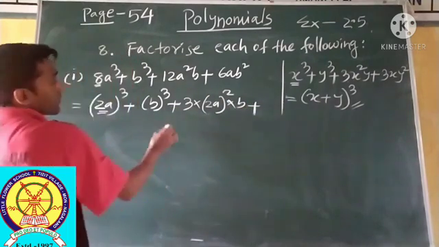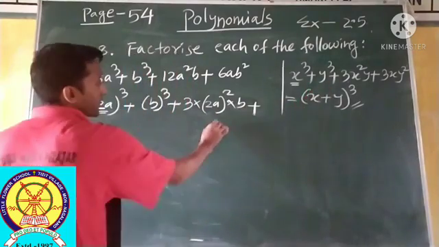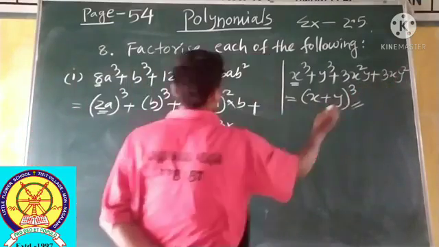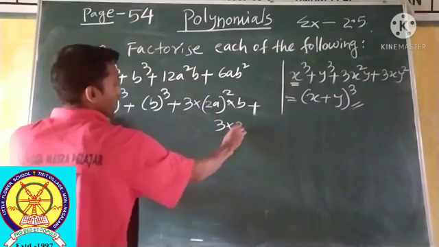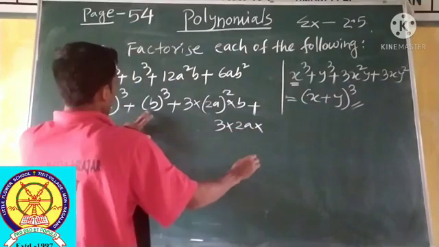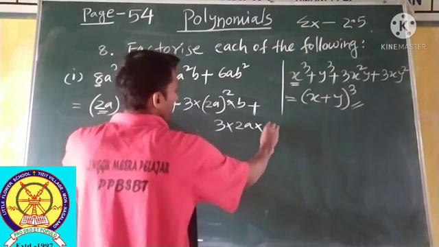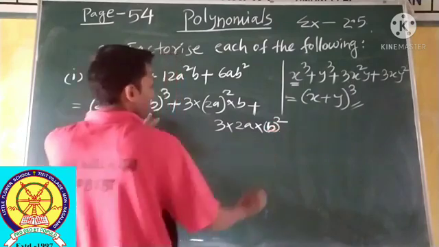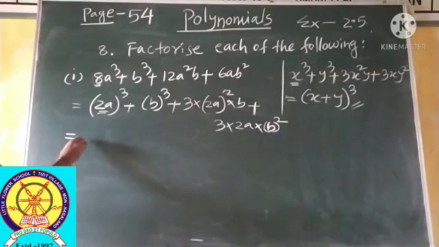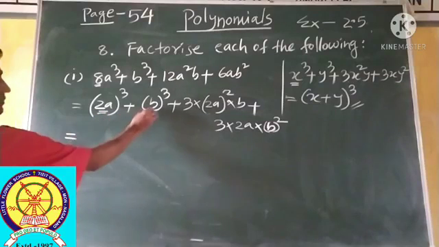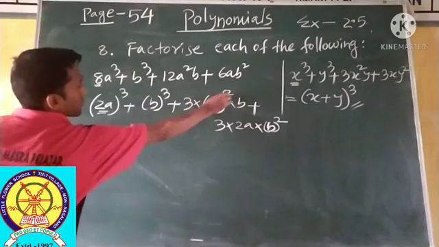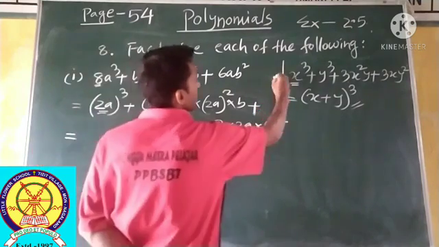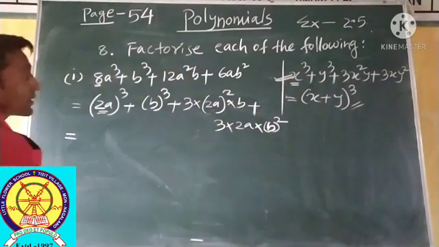Plus, next, as per identity again, 3 x y whole square. X we have 2a, into y we have b, so that means b square. So x cube plus y cube plus 3x square y plus 3x y square is now according to that identity.